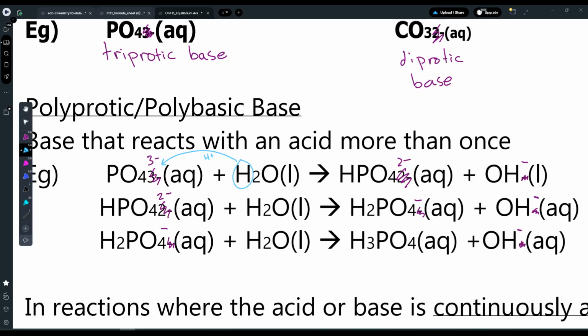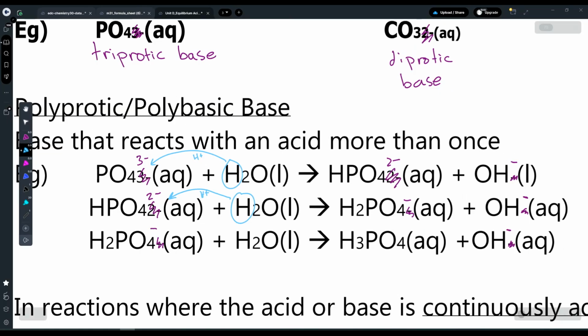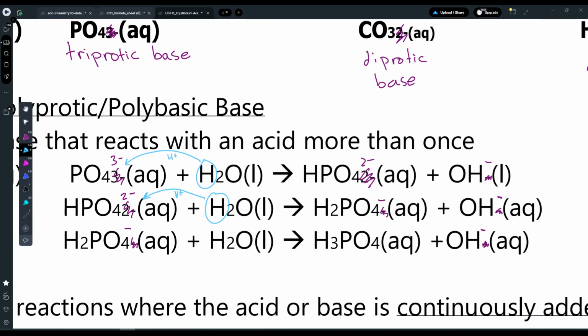So with HPO4 2- reacting with water, again, water is donating a proton because the whole point of this section is just to show all of the reactions that can happen when you start with a phosphate ion. Okay, so a proton gets donated to hydrogen phosphate, and we get H2PO4 1-. Okay, so we're going to take this ion and keep reacting it with water to show the last reaction where we have a neutral compound.